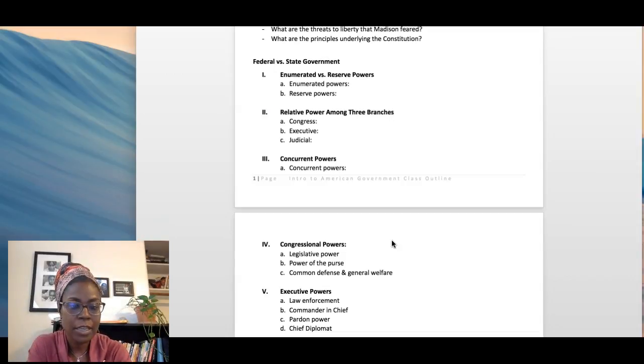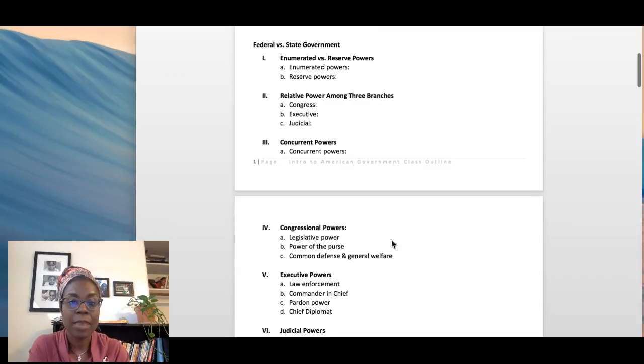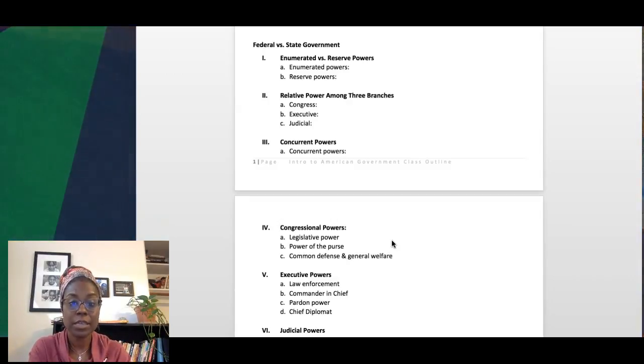The 10th Amendment explicitly says that any powers that haven't been explicitly given to Congress in Article 1, then those powers are reserved for the states. So it tries to cover everything by making that statement. So enumerated powers are those given to Congress and the federal government. Reserve powers are those that are given to the states.